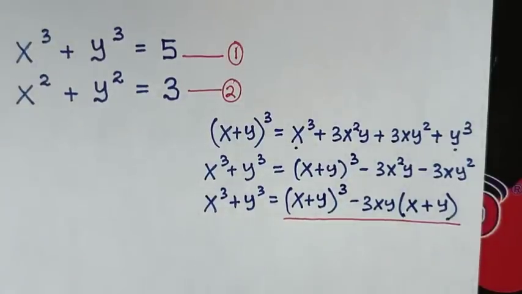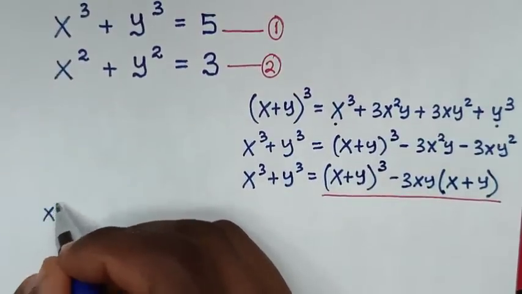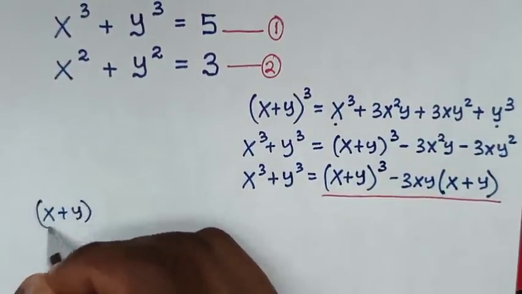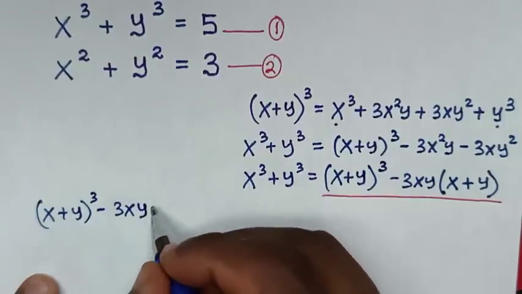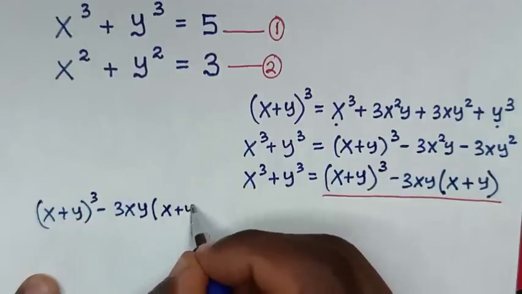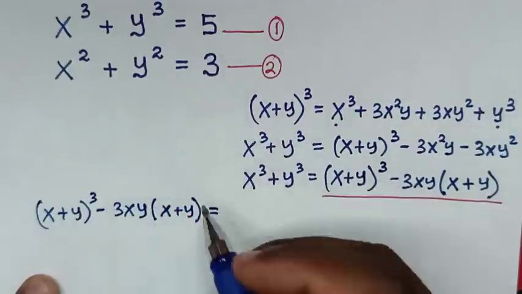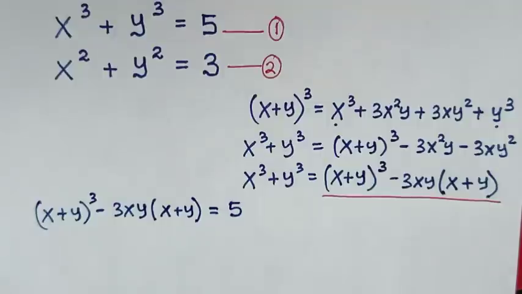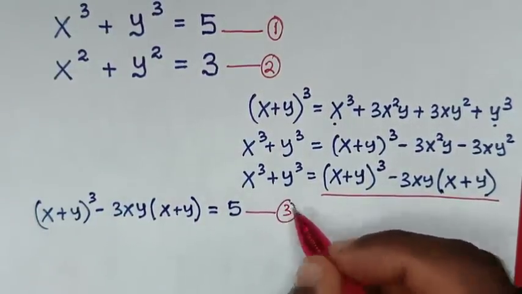Then the first equation will be (x + y)^3 - 3xy(x + y) = 5. This will be equation 3.